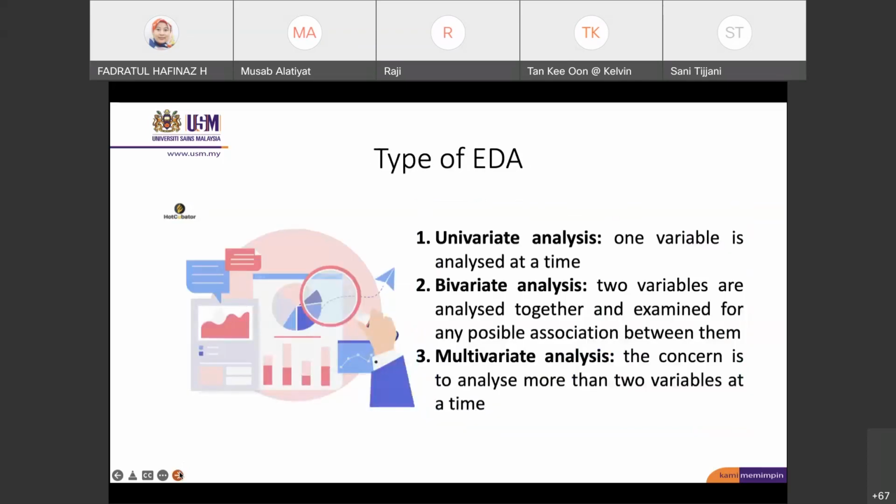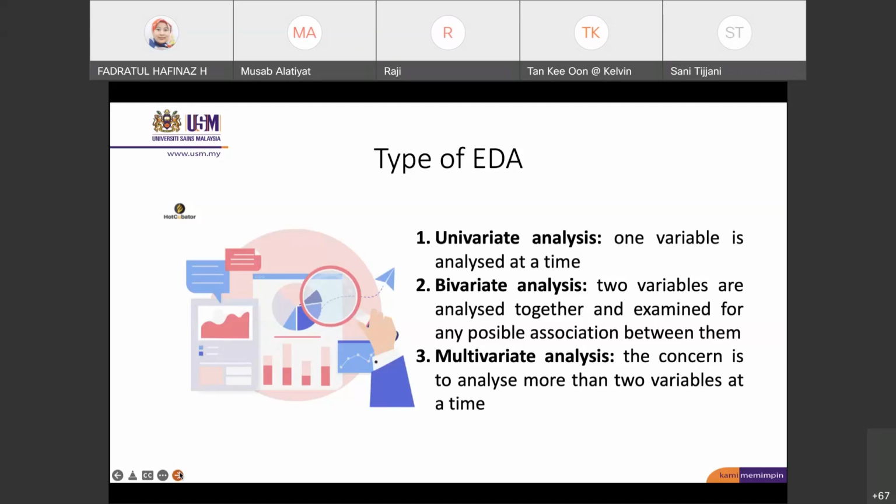Okay, there are a few types of EDA. There are univariate analysis, bivariate analysis, and multivariate analysis, right? Univariate analysis is the analysis of one variable that you want to analyze at a time.